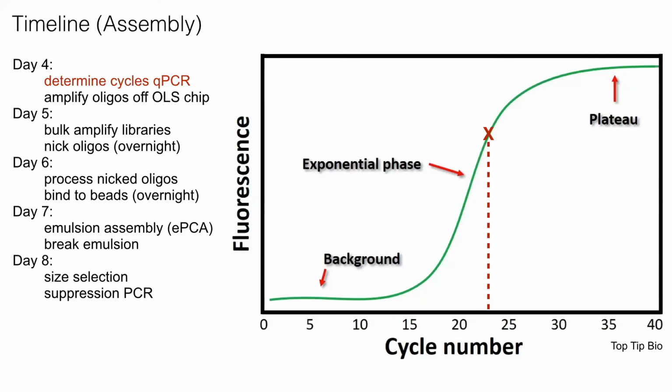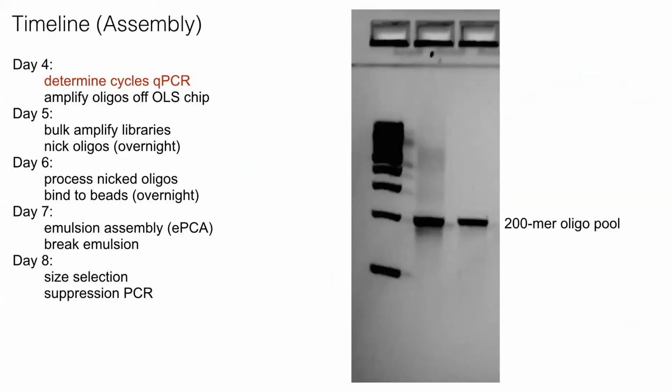And so in order to prevent over-amplification, which leads to all sorts of unwanted products, you basically have to do an initial qPCR and determine at what cycle you're ending your exponential phase before you reach the plateau. And so once you know your cycle number, you can go in and do an amplification off the oligo chip.